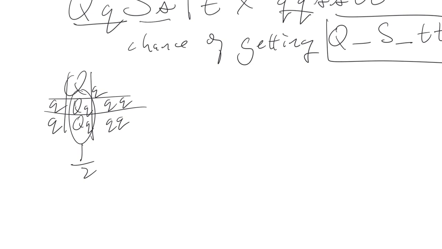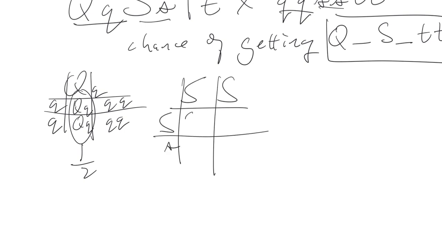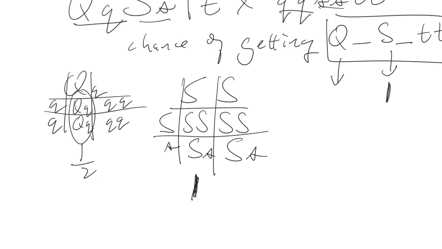Okay, how about SS times S little s? What's the chance of getting a big S in your answer? Well, 4 out of 4. So I'll just say times 1, or 4 out of 4, 100%. So the chance of that is 1. Chance of this is 1/2.